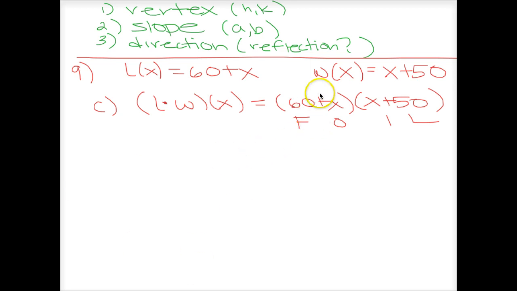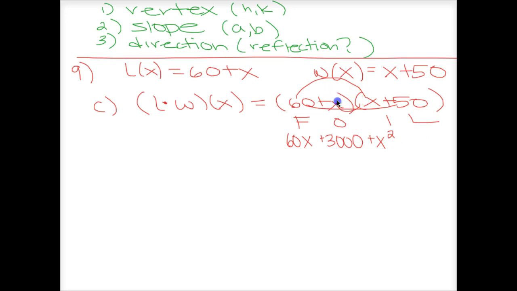So when we do that, F for first, so 60 times x is 60x. O for outside, so 60 times 50, which gives us our 3,000. I for insides, x times x, which is x squared.